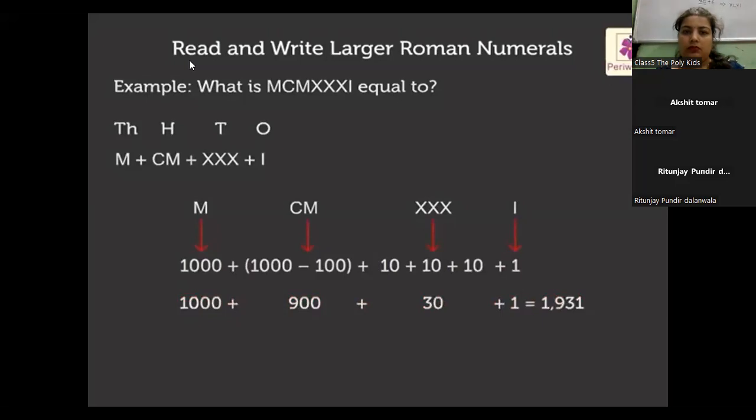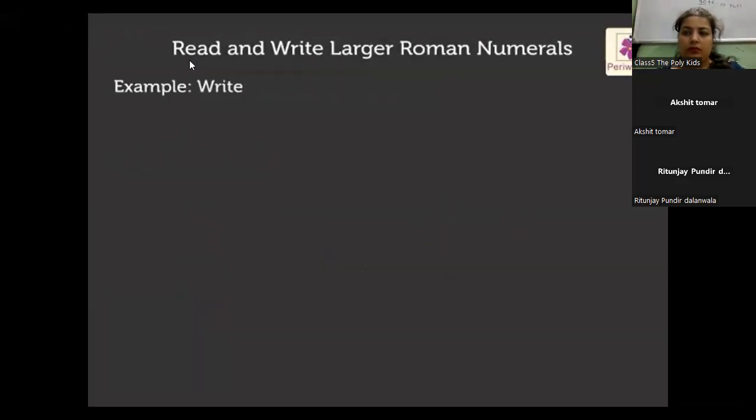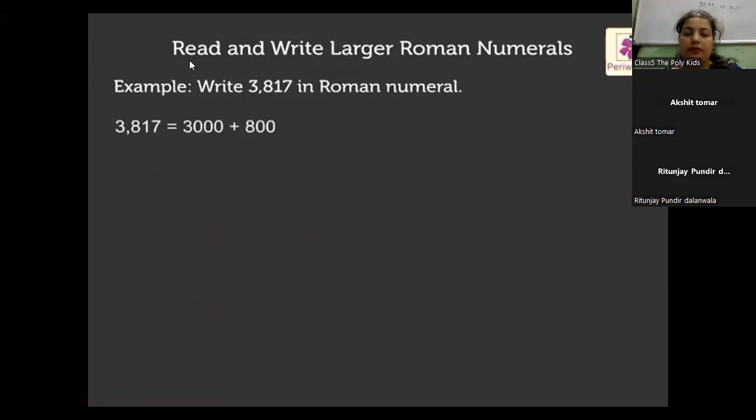Now, let us look at another example. Write 3817 in Roman numerals. We first write the number 3817 in expanded notation as 3000 plus 800 plus 10 plus 7.